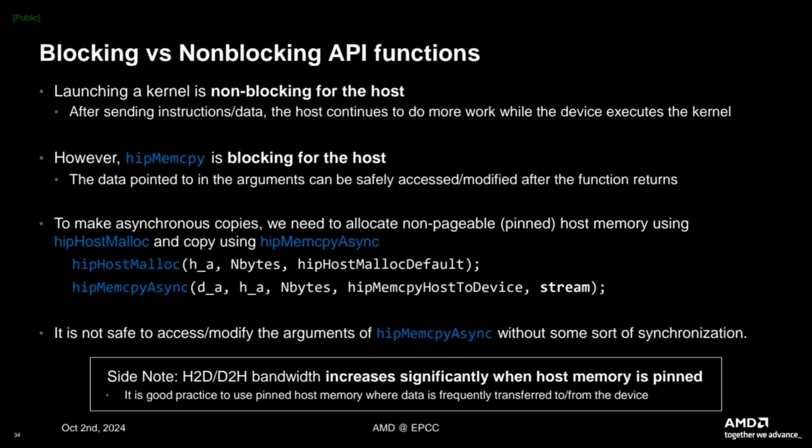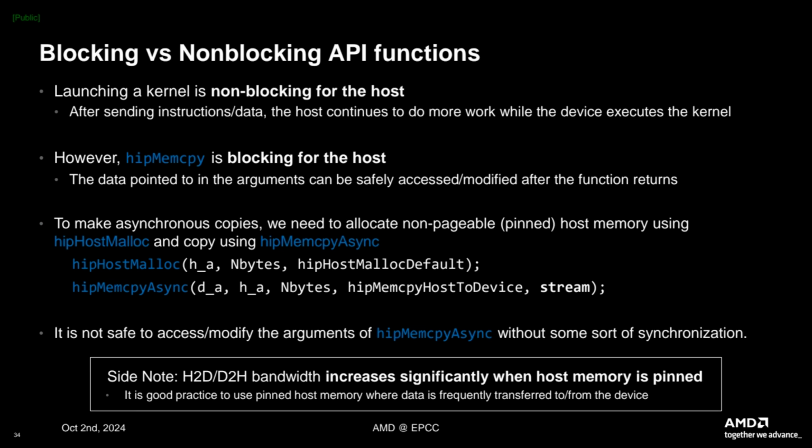However, it's possible to make asynchronous copies that actually allow the host to move on and not have to wait. So for that, we need to allocate non-pageable or pin memory for the host using heap host malloc. And then the asynchronous copy will be made possible with the heap memcopy async API call.